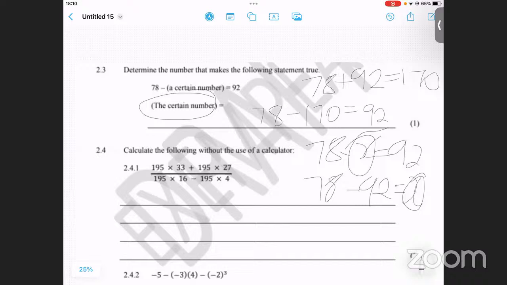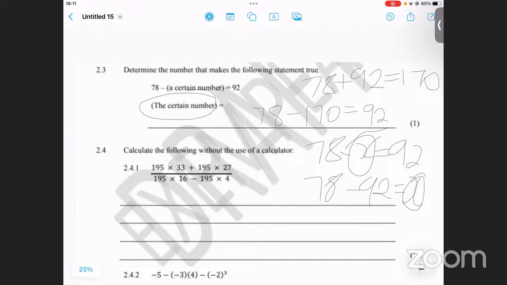So it's going to be negative something. I don't know negative what, but your answer should be a negative something, so that when you say 78 minus negative whatever, it gives you a 92, because it's the same as 78 plus whatever. When you have a minus a negative, it's the same as a plus, because you're multiplying a negative with a negative, which gives you a positive.